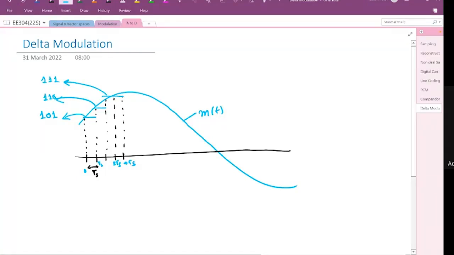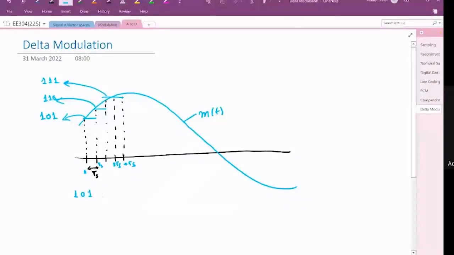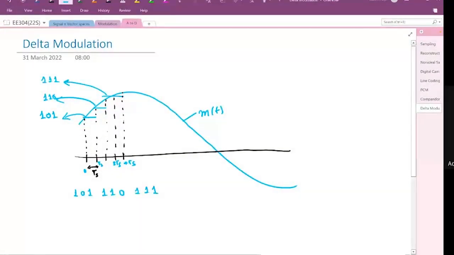So if I check, this is 101, then 110, and 111. In this kind of setup we need b bits of resolution.